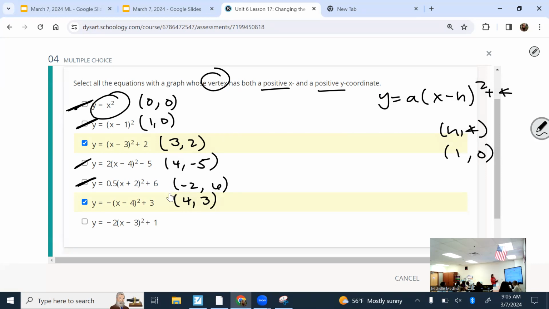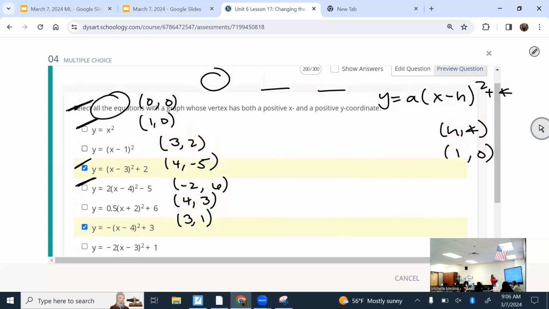Table 3, what's my vertex for this last one? It should be a positive 1. The h is always opposite of how it looks. k is not. So 3, 1 is that vertex, so it should be these 3 answers that you selected. They could be shuffled on your screen.